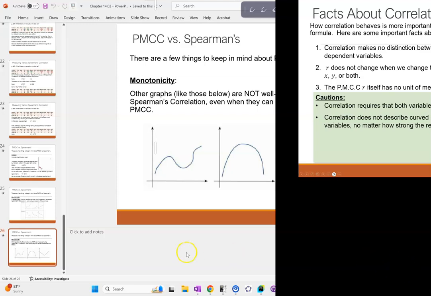The PMCC doesn't describe curved relationships between the variables, no matter how strong. So if something is an awesome looking parabola, your PMCC is going to be lousy because there's not a linear correlation between the two variables.